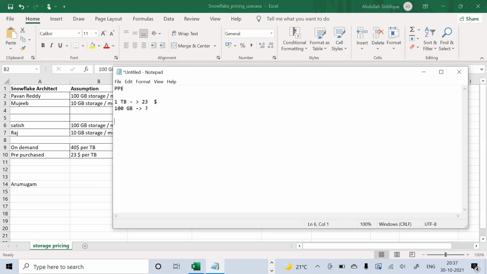So let's convert 100 GB to TB first. How much TB is 100 GB?